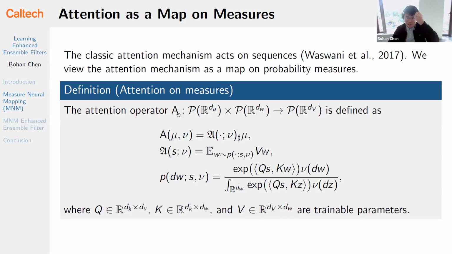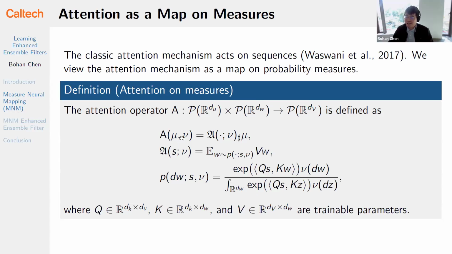This definition is that we consider an attention operator A, where P of R^du is a probability measure on R^du. It takes two probability measures as input, from R^du and R^dw, and the output is also a probability measure.